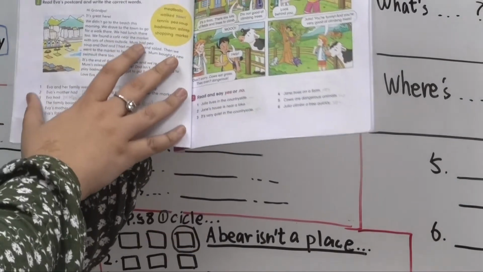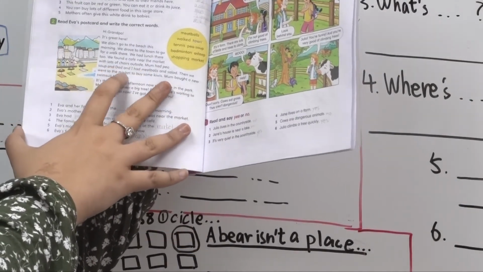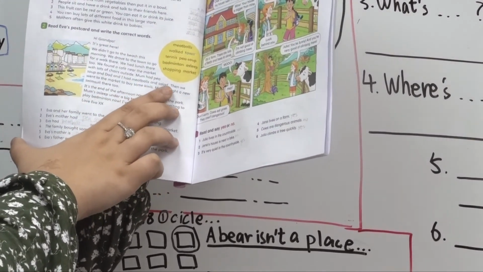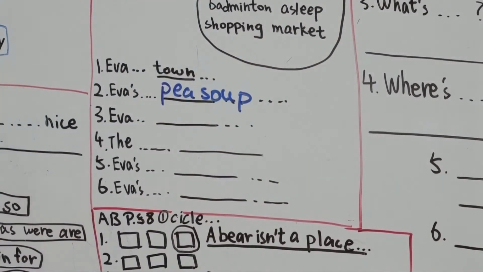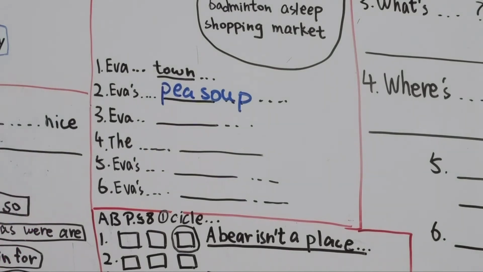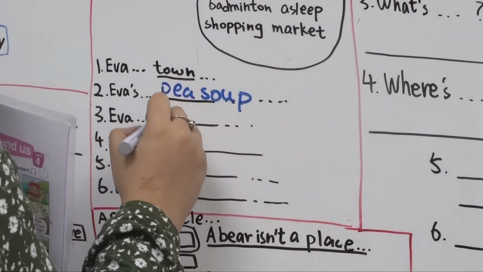Keep reading after that. Mom had pea soup and Dad and I had meatballs and salad. So what's the answer? Eva had meatballs with some salad in the cafe. So where's meatballs? Here, right? So you write meatballs.